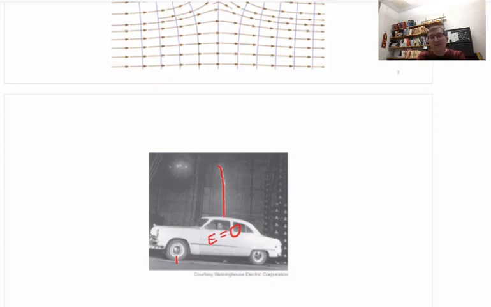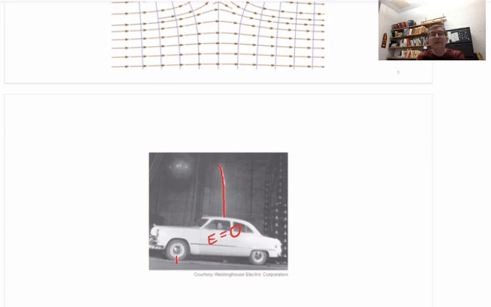And the reason physicists find this important is because if you need to do an experiment where the equipment you're using is sensitive to electric charge and electric fields, and you don't want the equipment to be affected by electric fields, put it inside a hollow conductor. And then the experiment that you're going to do can be shielded from outside electric fields. And physicists do this all the time. They call it a Faraday cage.